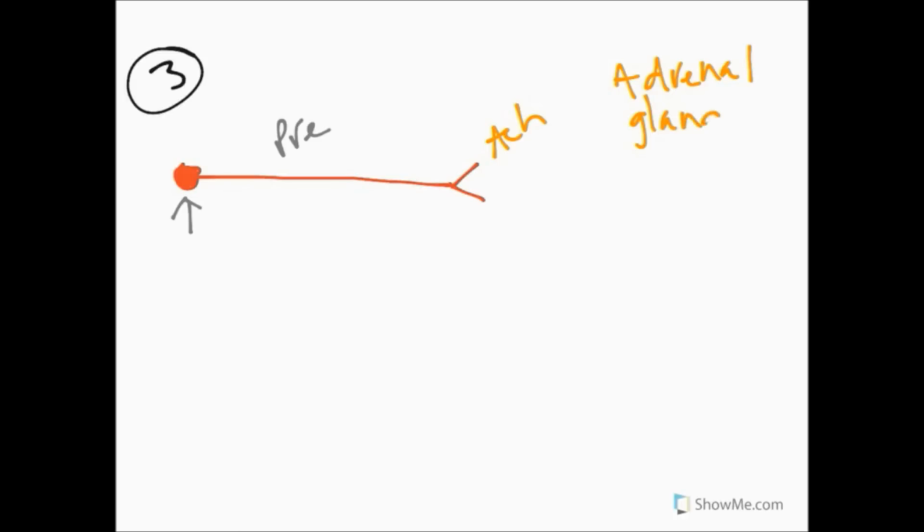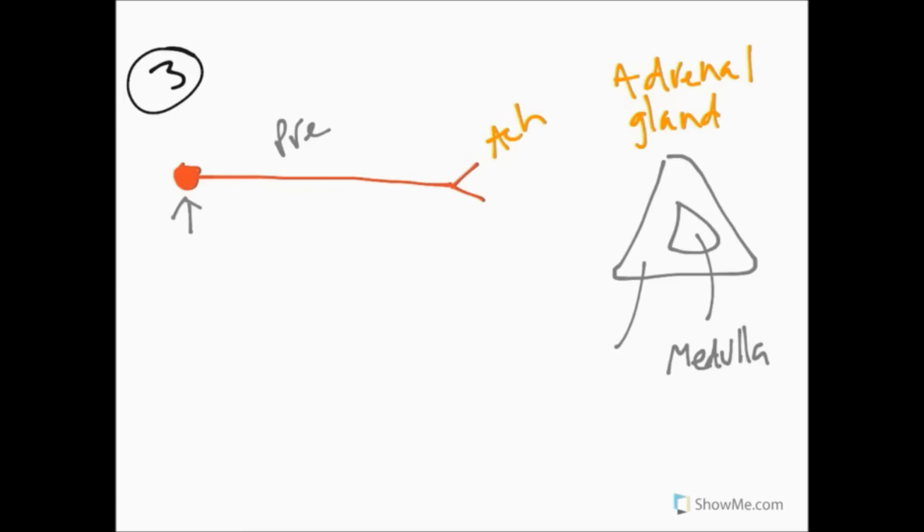Now, the adrenal gland is a gland that sits on the superior pole of both kidneys, so you'll find 2 in the body. They are roughly triangular shaped. We're going to represent them by a kind of triangle here, and they have an inner core component called the medulla and an outer component known as the cortex.